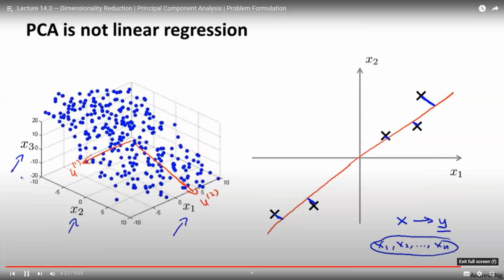All of these are treated so symmetrically, and there's no special variable y that I'm trying to predict. And so PCA is not linear regression, and even though at some cosmetic level they might look related, these are actually very different algorithms.